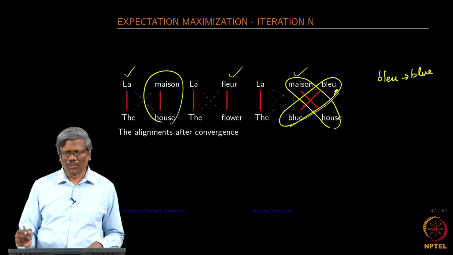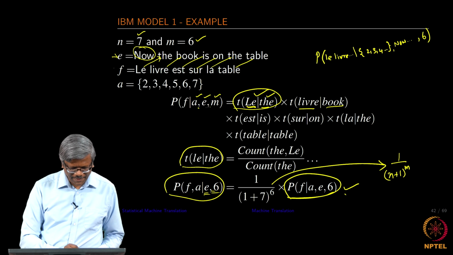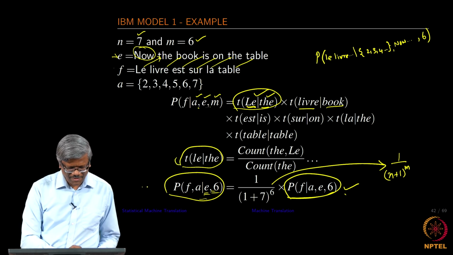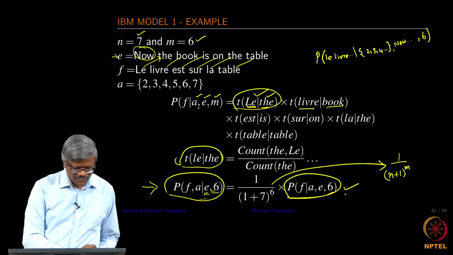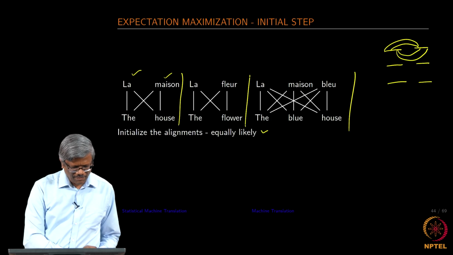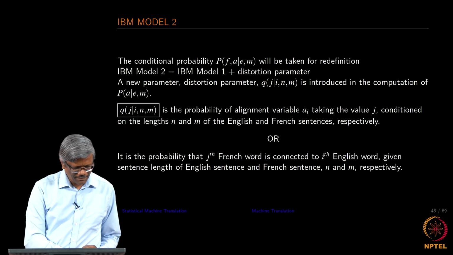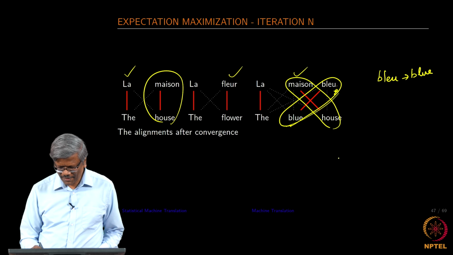So, that is the first model, IBM Model 1. We have used the data to find the translation probability. Here this is our translation probability, and then what else is missing? At the end of this we need to have a decoder. The decoder has two things feeding into it.